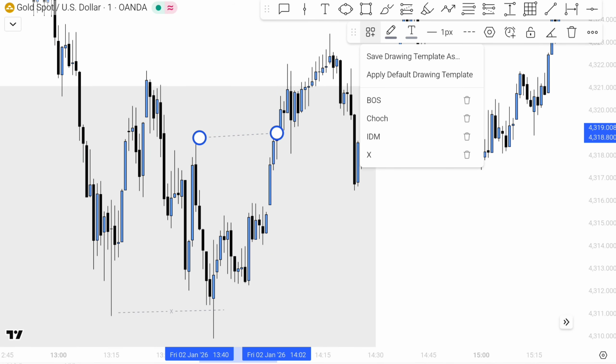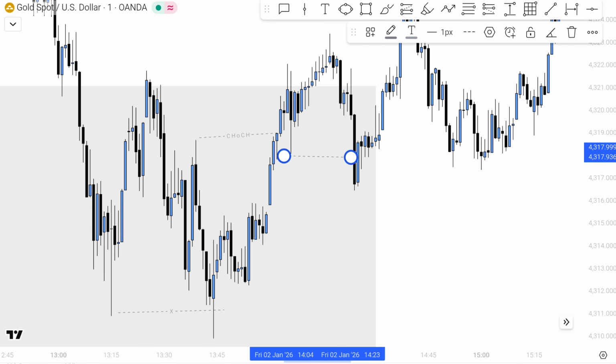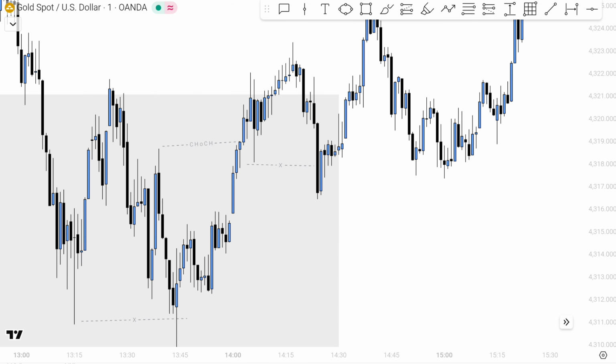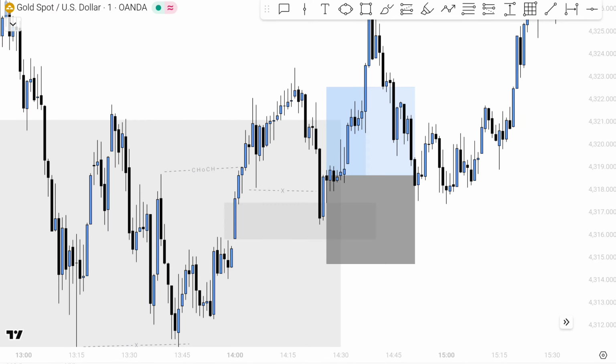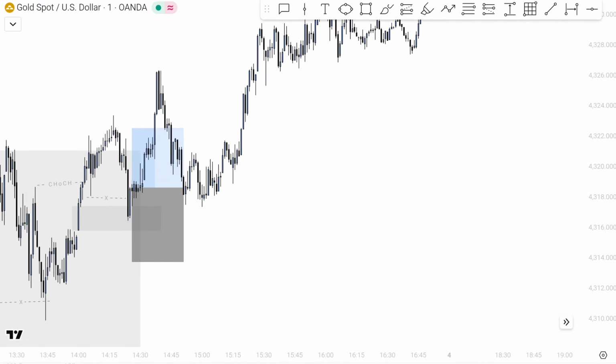And after the change of character, even though the market has created liquidity at this point, we do not need that, and it tapped on this unmitigated imbalance at this point, so we can look for a buy at this point, also based on this candle, and put the stop loss just below this point and target the recent high.